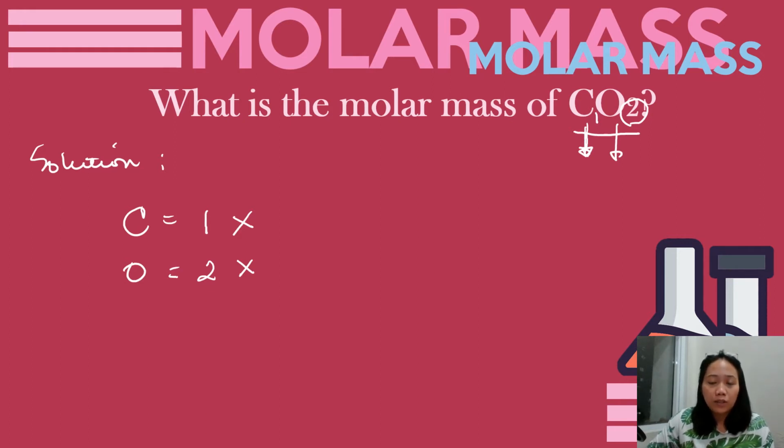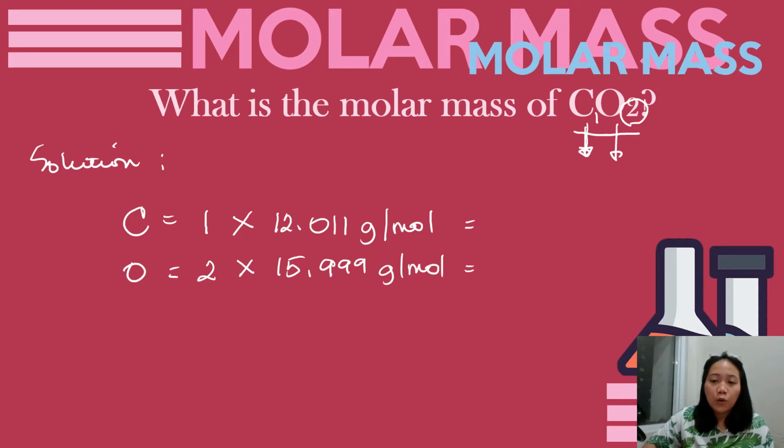It's also good that you memorize some of the important molar masses, some of the elements that are always asked, like the nonmetals and the first and second group of metals. For carbon, the molar mass is 12.011 grams per mole. How about oxygen? As you can see in the periodic table, it's 15.999 grams per mole.